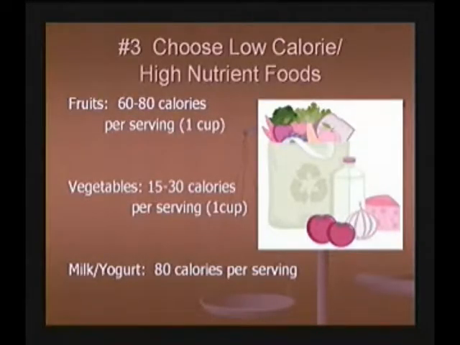Vegetables are great. There are 15 to 30 calories in a cup of cooked vegetables, okay? That's fantastic. Now, one thing that's harder for a lot of us is that when we have vegetables, we have to have butter, or when we have a salad, we have to have ranch dressing all over it, the regular stuff.